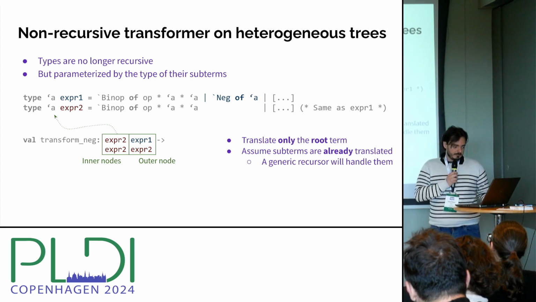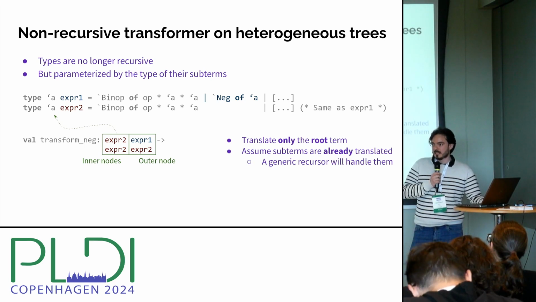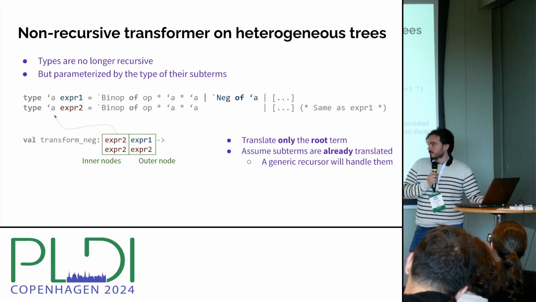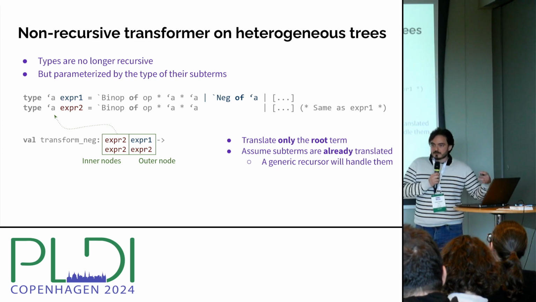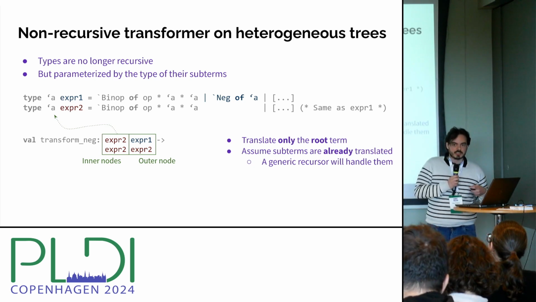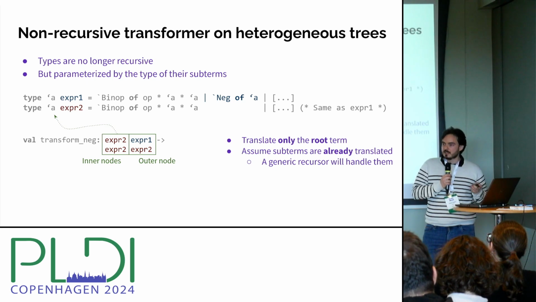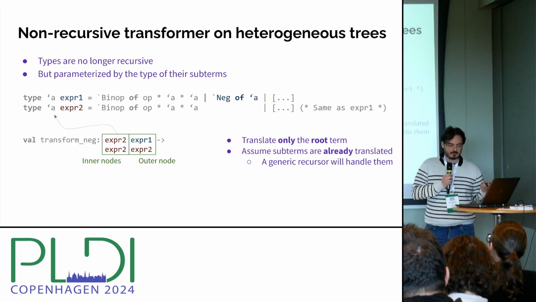As you can see, the inner node hasn't changed at all. It's still expr2, because as we saw earlier, the inner nodes are already translated, so they are already expr2. And the node that we are taking as argument is a node of type expr1, which has not been translated yet. And that's the only step that we still need to apply when writing the pass.